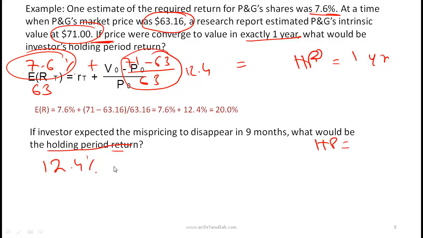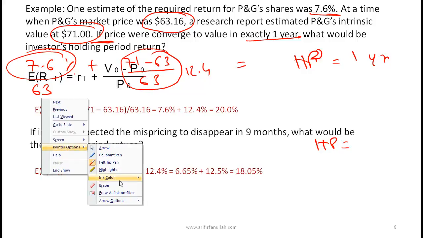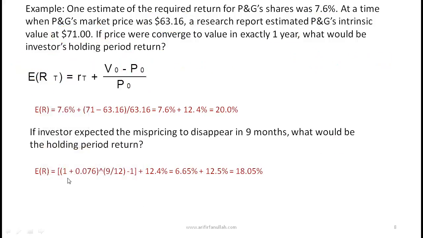So actually the exact answer, let me just clean this up a little. Over the 9-month period, the return that you have is 1.076 to the power of 9 over 12 minus 1, which is about 6.65%, and the 12% stays the same.